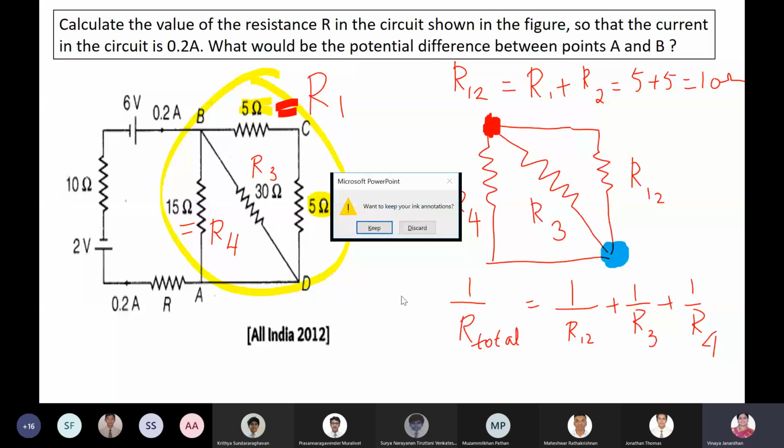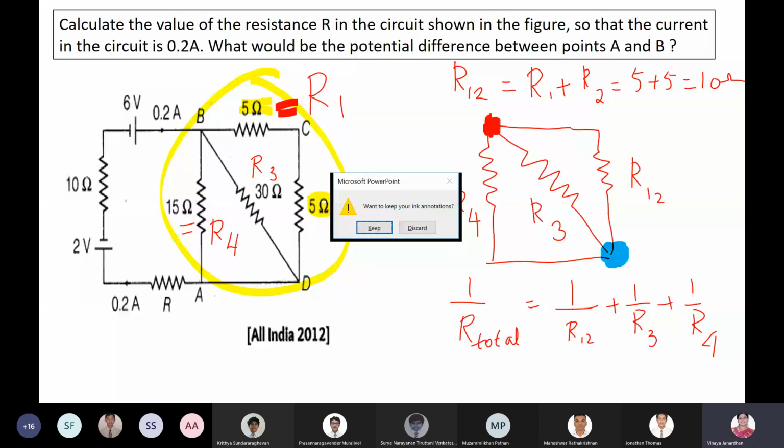Can you complete this? What is the value?